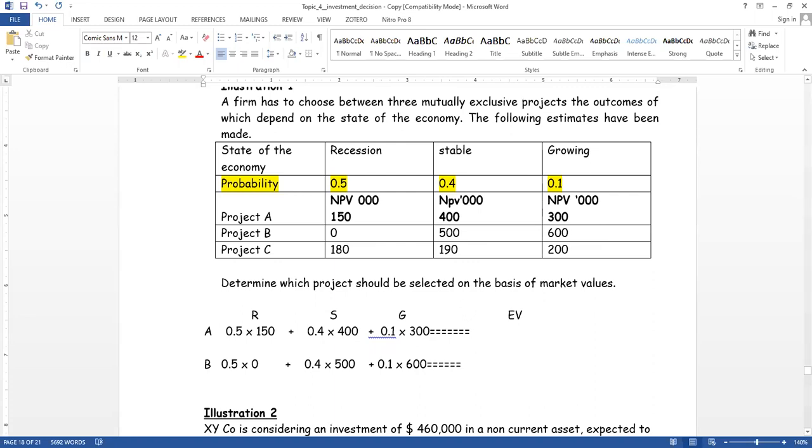Then I go to project C. 0.5 times 180. Then I add the one of stable, 0.4 times 190.